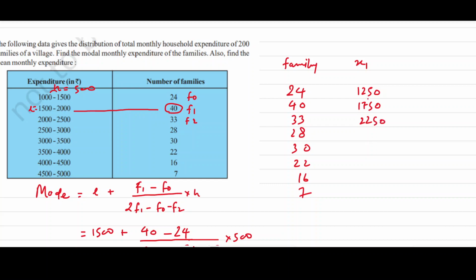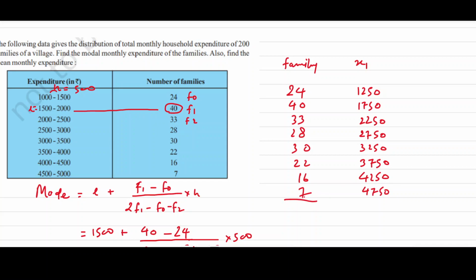Here we'll have to calculate the values. There is a difference of 500, because that is the class size. So this will be 2750, this will be 3250, then 3750, then 4250, then 4750.